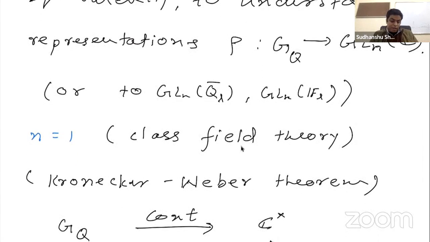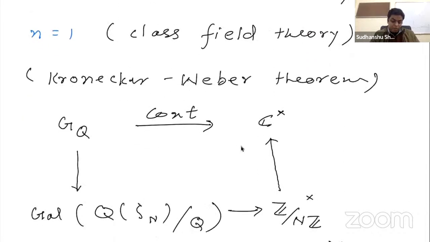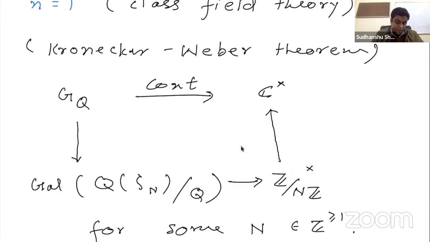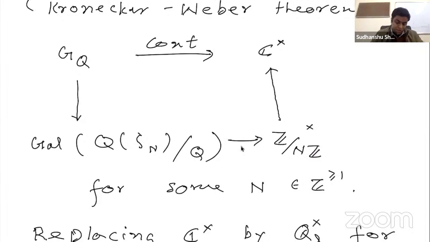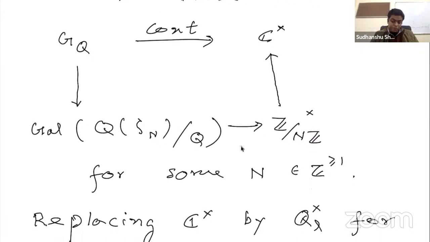The special case of n equal to 1 is dealt with using class field theory. In particular, recall the Kronecker-Weber theorem, a very important classical theorem, which essentially describes finite abelian extensions of Q, or in other words, characters of GQ.